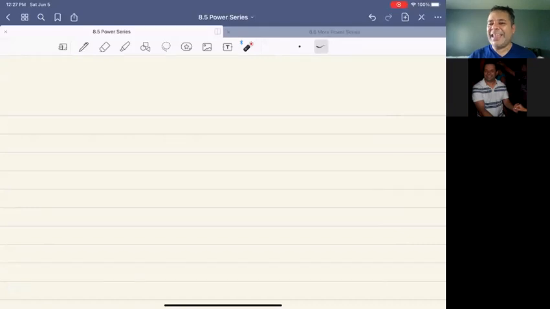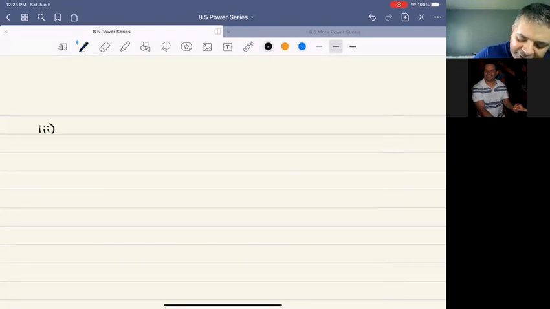Okay, let's look at n x to the n. This wasn't my original example, but I like it as well, and it'll tie into something later on anyway. It's actually the sum from 0 to infinity of n x to the n.